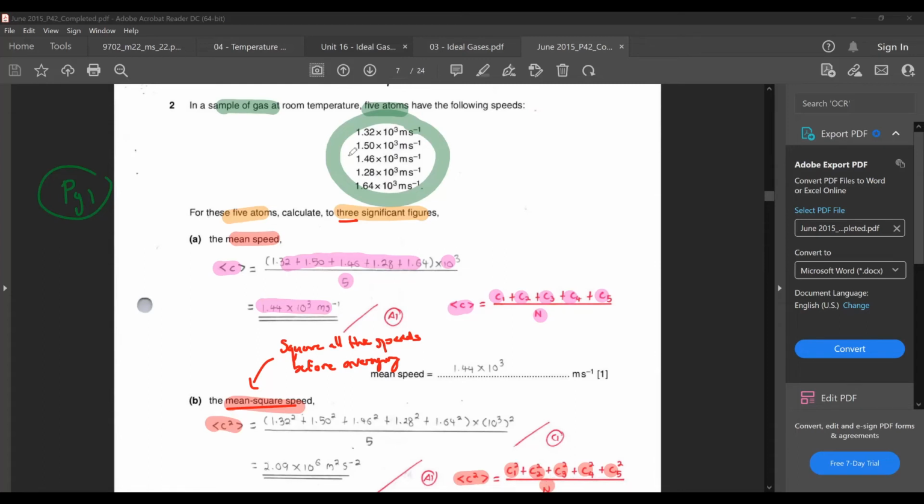Same thing, you have a common factor here. You factorize it out, but don't forget to square it. And then the inside, you start adding them up, but square each one of them before dividing by 5. Then your answer will be 2.09 times 10 power 6 meter square per second square.